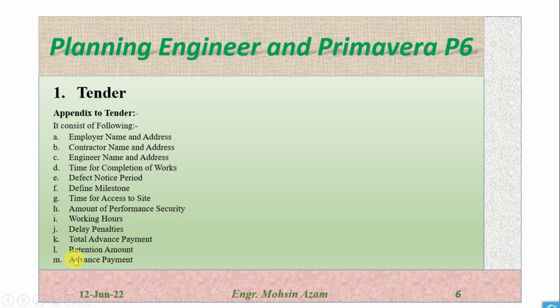And then advance payment. Advance payment is actually given by the client to the contractor before or when they award the project to the contractor. They will usually give 10% of the project value to the contractor for the material and for all the setups.